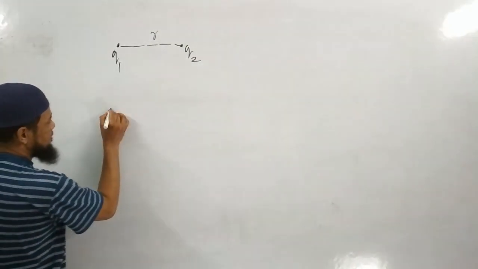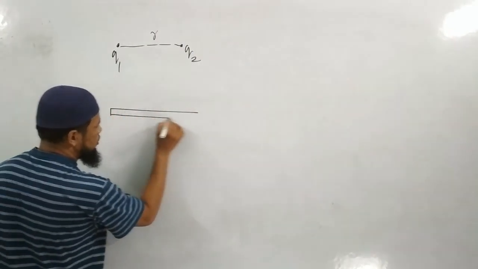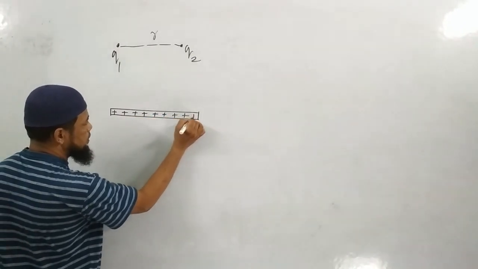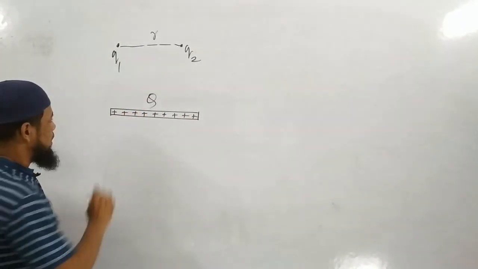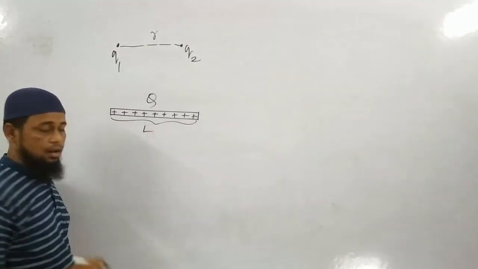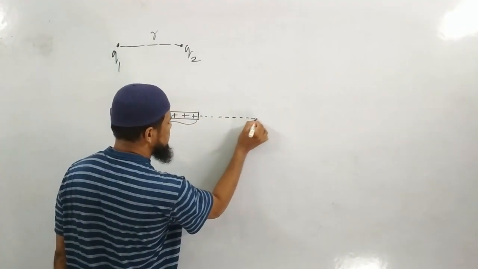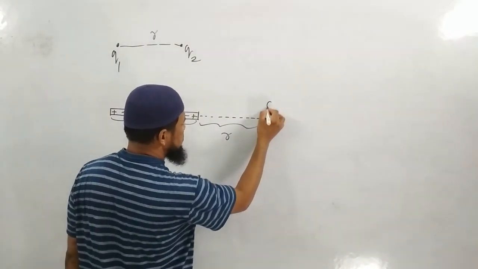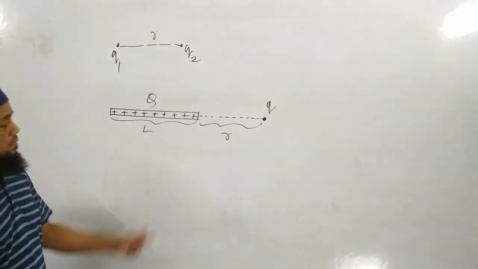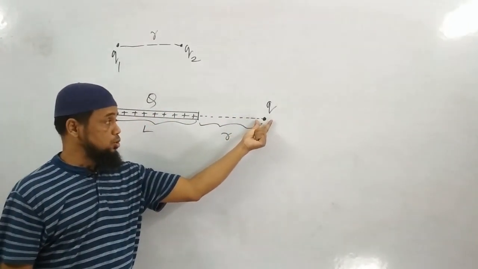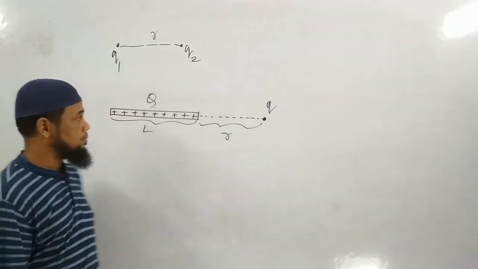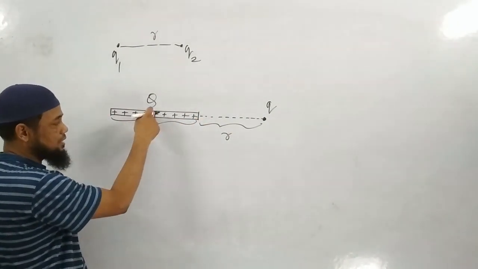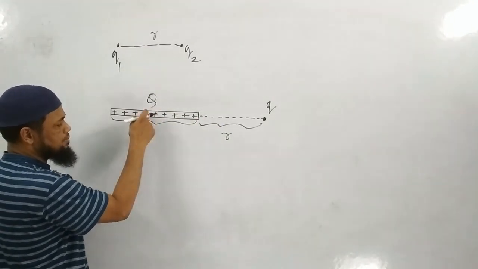For example, if there is a linear rod having charge Q, the total charge is Q and the length is L. At a certain distance R from this rod there is a point charge Q. Then what will be the Coulomb's force between them? Can we apply Coulomb's law directly or not? Sir, what do we do with this? We'll consider the net charge to be at the center of mass, so at a distance L by 2.